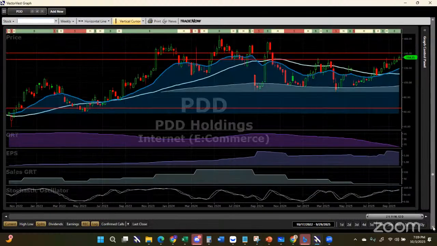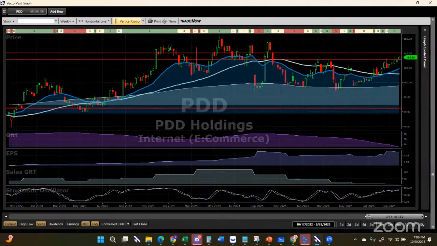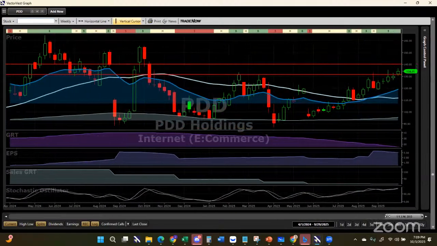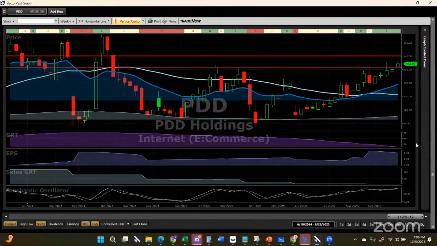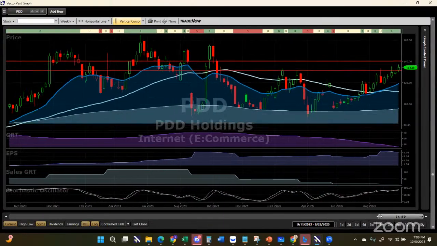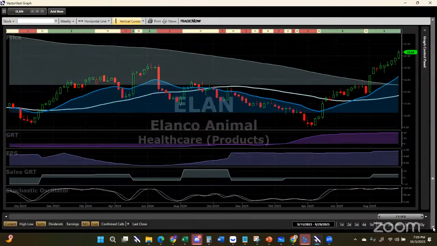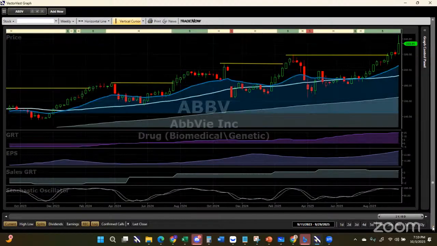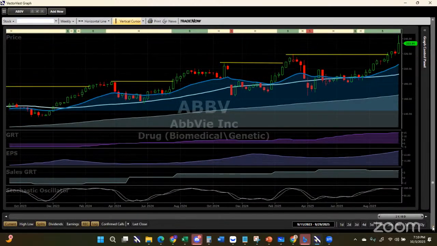ANET, telecommunications. PDD, slight breakout here. Healthcare, Lanco, animal, nice uptrend. ABBV, I had covered that also. That's why you see the yellow.